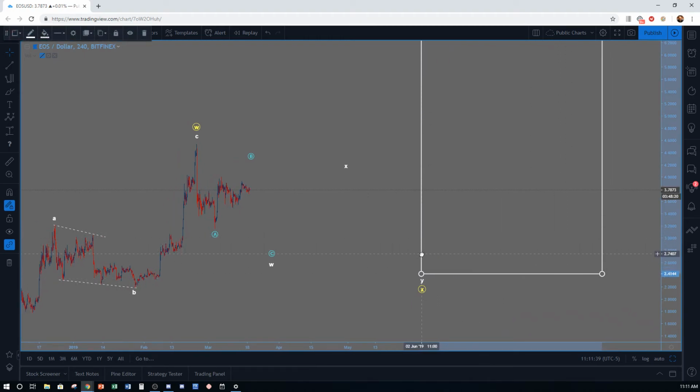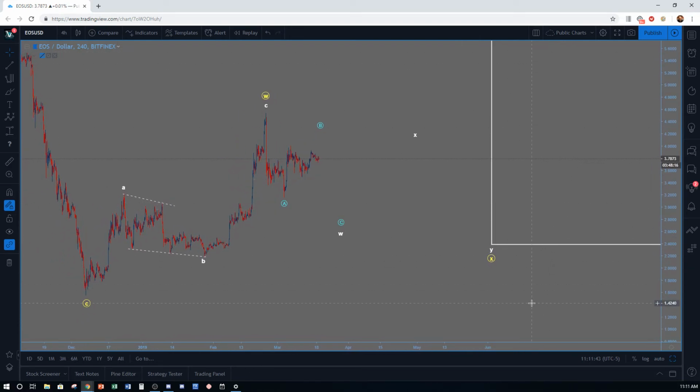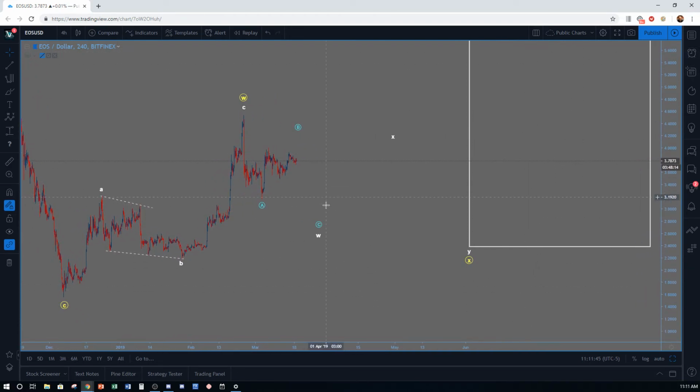But essentially, once we complete this pattern, we're looking to make a lot of money on EOS, whether that pattern completes here or here. I would suggest that it's most likely going to complete in this longer term time frame.